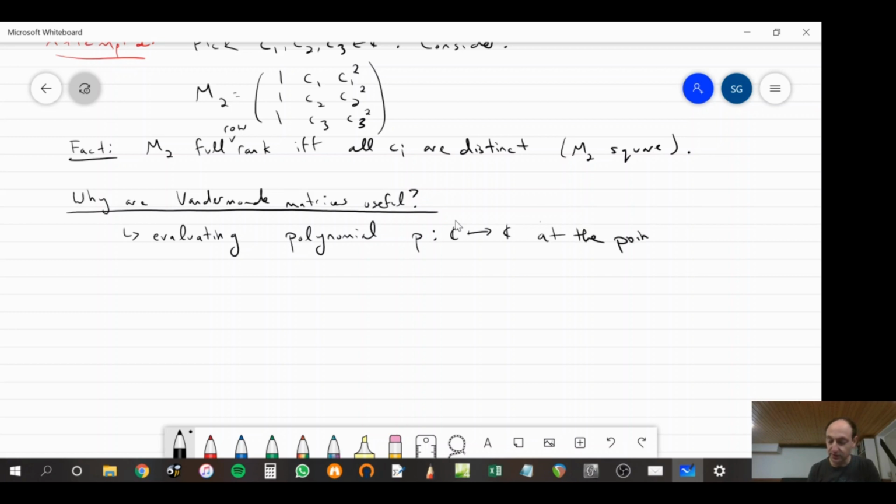I'm just going to continue working with our example M2, which I know is a 3 by 3 square matrix, with C1, C2, and C3. So if I take my matrix M2 and I multiply it by some column vector, that's going to be equivalent to evaluating a certain polynomial at the points C1, C2, and C3.